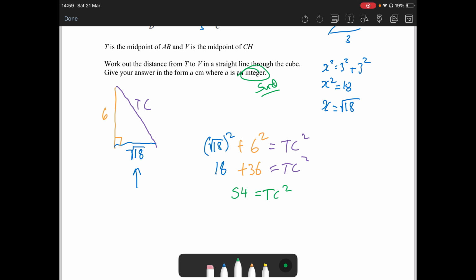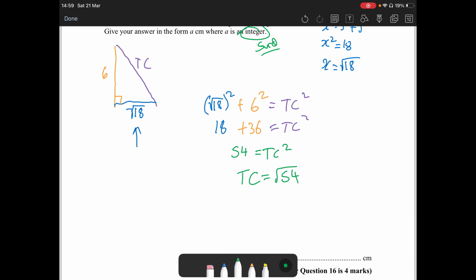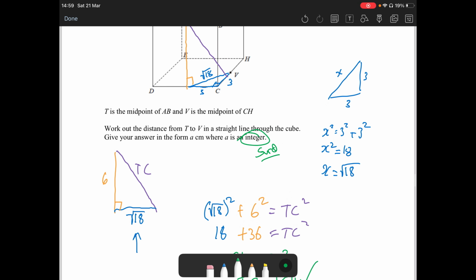So TV is the square root of 54. You can simplify the root here. This is 9 times 6, which is 3 root 6. If you got 3 root 6, I think root 54 is probably enough to get full marks here.